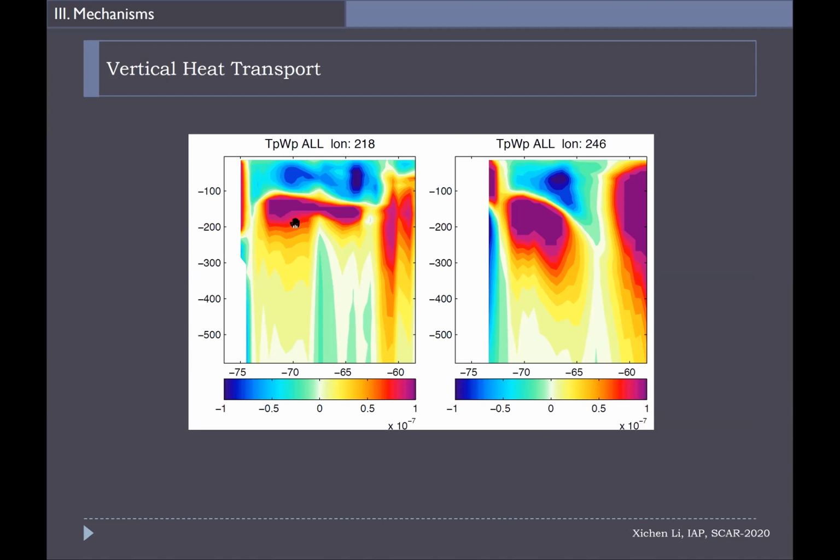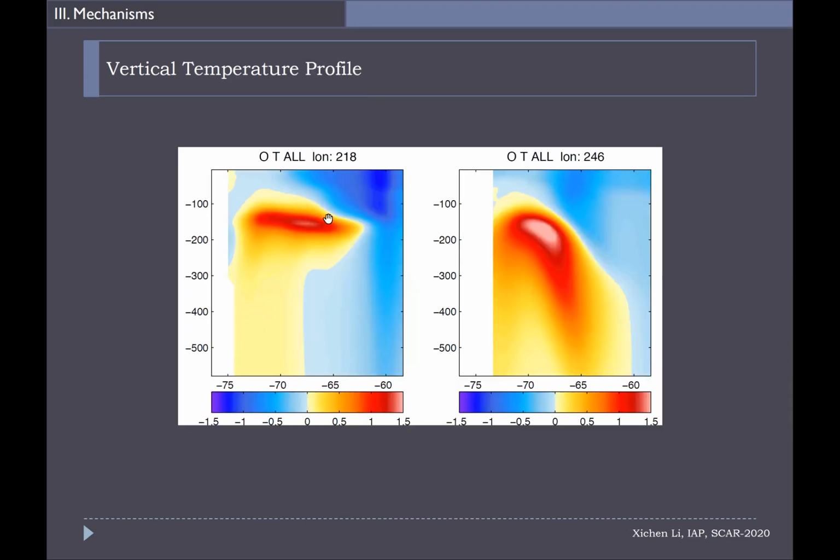In the subsurface ocean the heat flux has increased, but around the surface ocean the heat flux has dramatically decreased, keeping more heat in the ocean. And here are the temperature profiles in the Weddell Sea and the Amundsen Sea. We find that the subsurface temperature has increased in both seas, and the increased temperature may touch the continental shelf in our simulation.